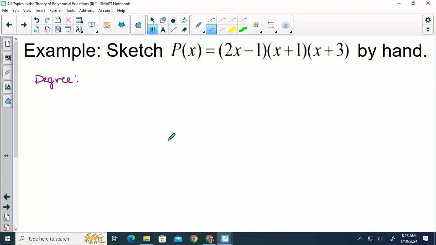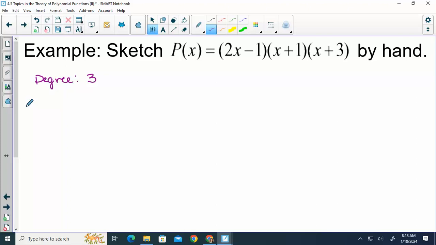degree. Degree is like, if I multiply this all out, what would my highest power of x be? X to the third. So my degree is 3. So that means we'll have how many zeros? At most 3 real ones, yeah. We'll have 3 total.